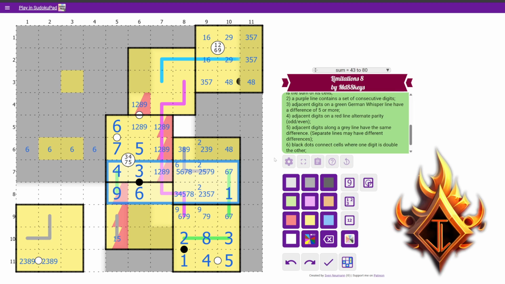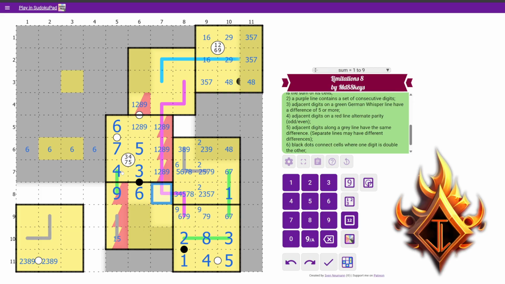No good at all. Now if the 4 goes here, here, and here, then I know it goes up 1, but that 2 is not known.